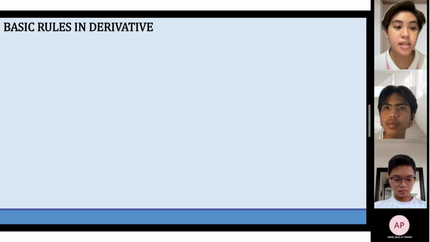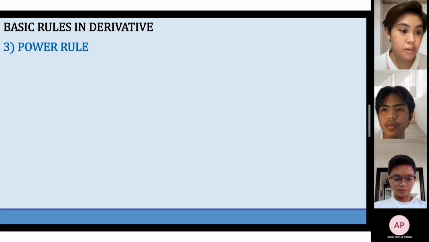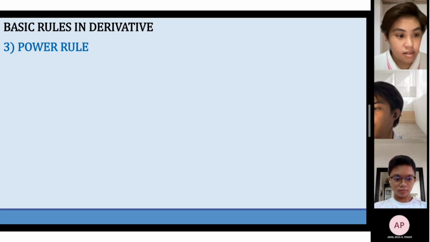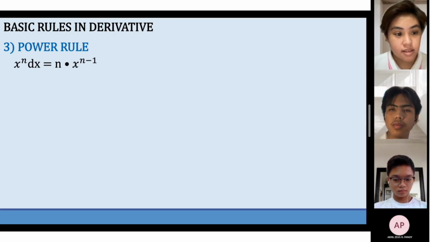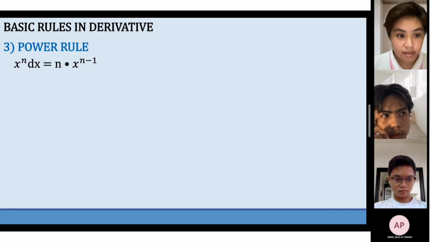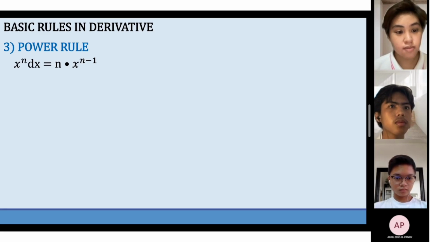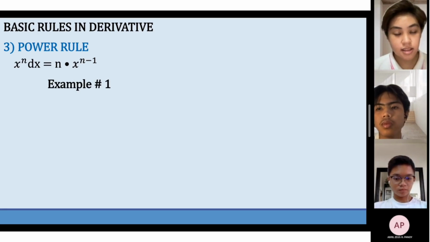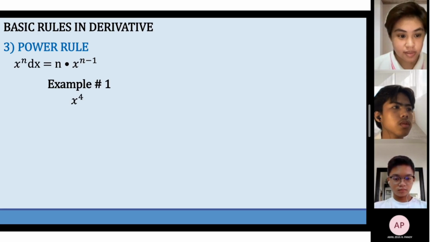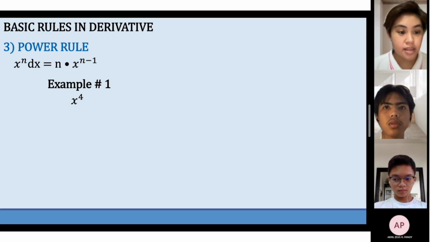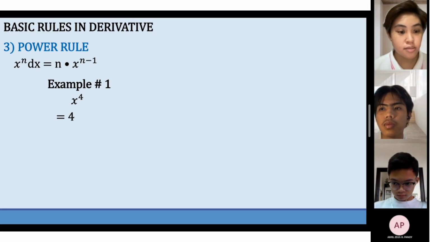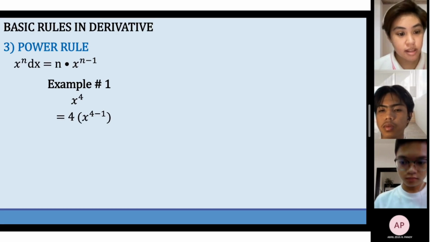For the third basic rule in derivative, it is the power rule. The derivative of x raised to n is equal to n times x raised to n minus 1. For the first example, the given is x raised to 4. The first step is we will bring down the exponent, then copy x, then subtract 1 from its exponent.